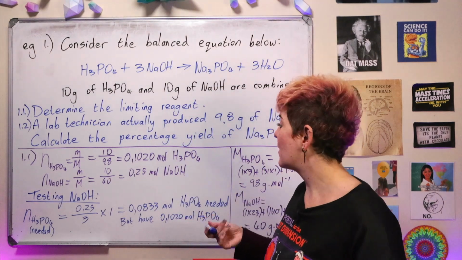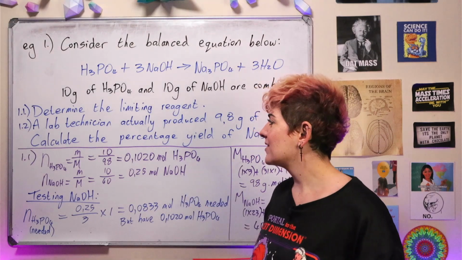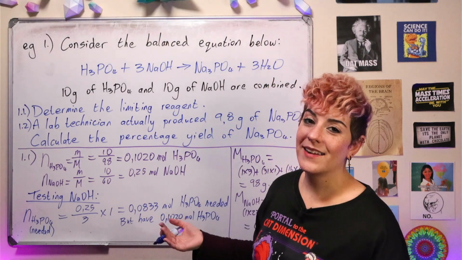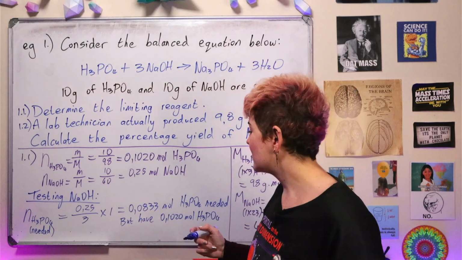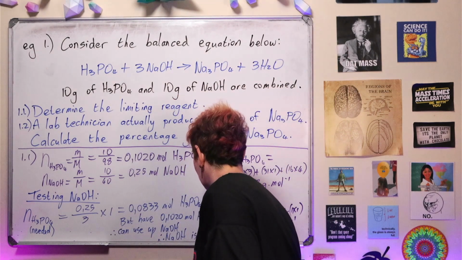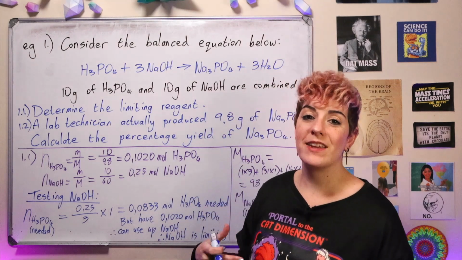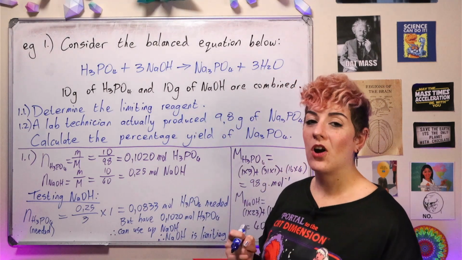You have more than enough phosphoric acid to be able to use up your sodium hydroxide. So because sodium hydroxide can be used up, it is the limiting reagent. NaOH is limiting. By saying it's limiting, you're saying it's the limiting reagent that gets used up completely.